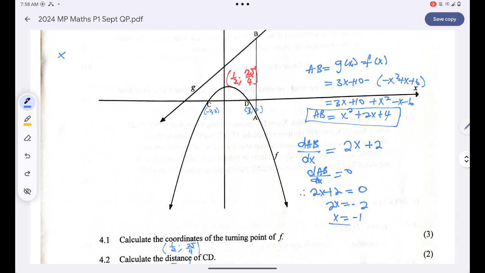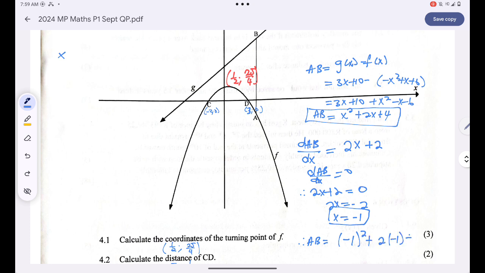So when x is equal to negative 1, I will definitely find the minimum distance between the two graphs.